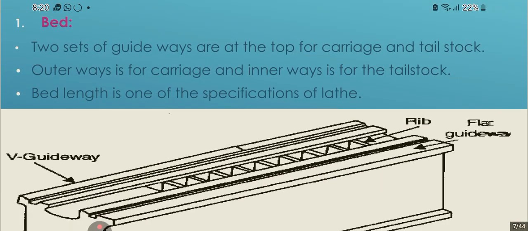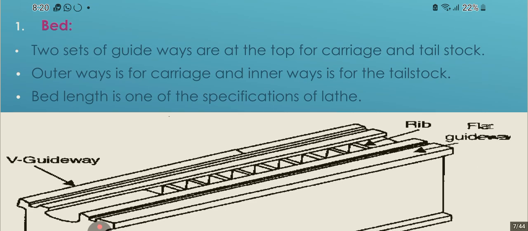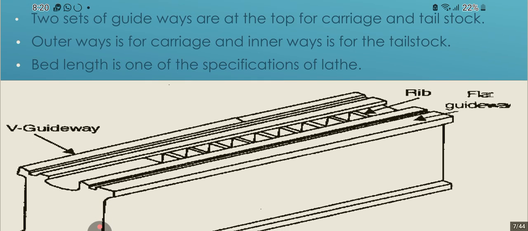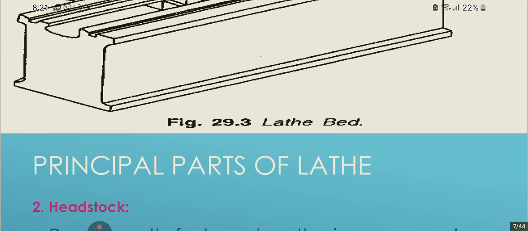The bed has two sets of guideways at the top. The outer ways are for the carriage and the inner ways are for the tailstock. Bed length is one of the specifications of a lathe.